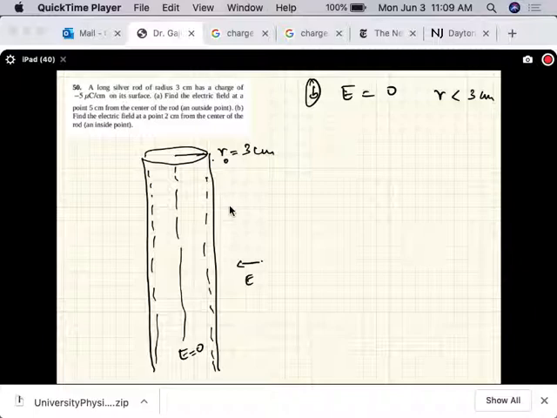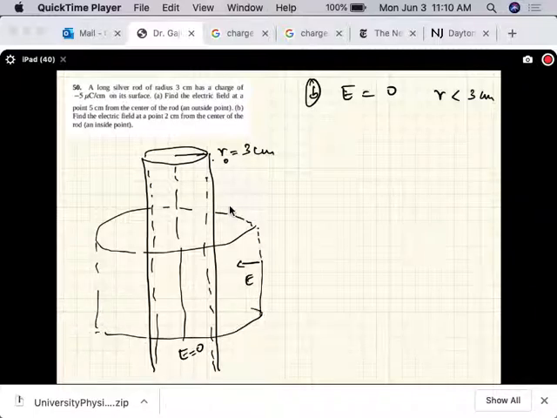And here I'm drawing a Gaussian surface. The electric field is like that, and so we will find the electric field at a distance r.